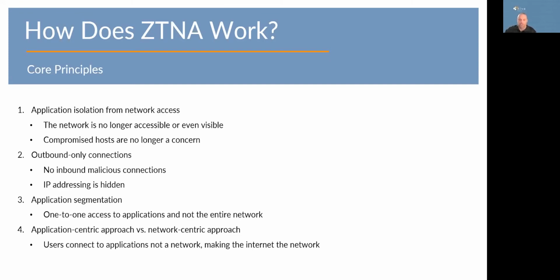But me as the end user, I can get access to the services that I need wherever they're located, and I only have access to that service. So again, if I've got networks and offices in multiple locations, I'm not getting access to that entire network. So from a security standpoint, this is a major leap in reducing the amount of potential harm that can be done to an organization.